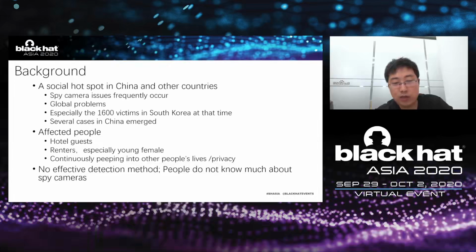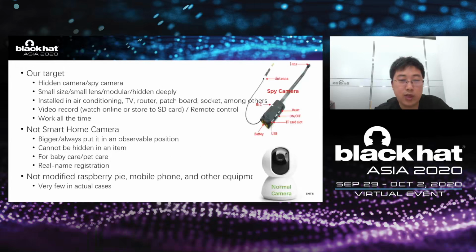It sounds terrible, but we have investigated the problem and found that there is no reliable way to find these hidden spy cameras. The fact is that no one knows enough about them. I should clarify that we are talking about hidden spy cameras, not smart home cameras.